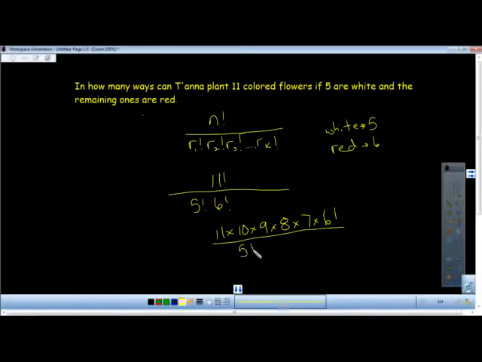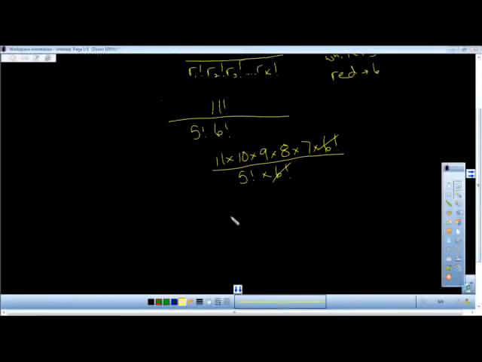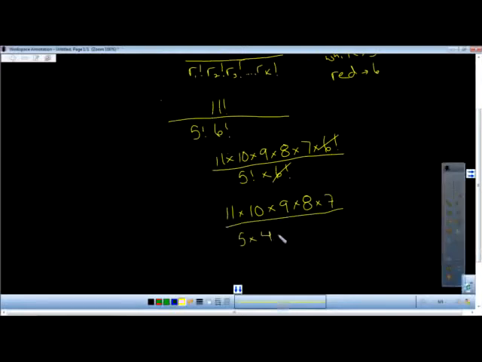So I have 5 factorial times 6 factorial. Since I have the 6 factorial on the top and the bottom, numerator and denominator, I can cancel out the 6 factorials. And I'm left with 11 times 10 times 9 times 8 times 7 in the numerator. I have 5 times 4 times 3 times 2 times 1 in the denominator.